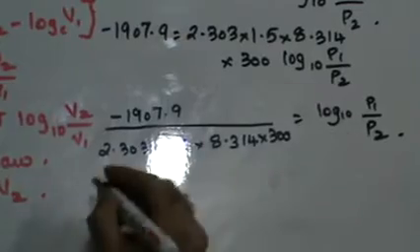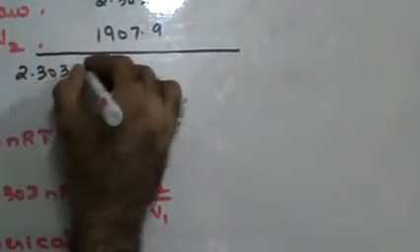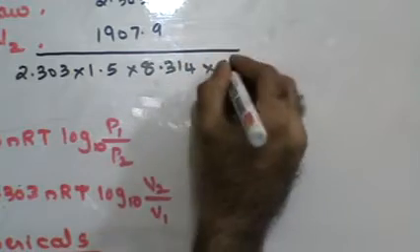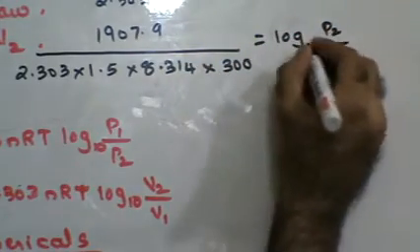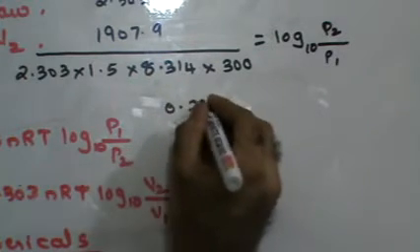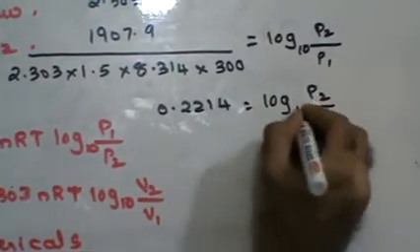If I reciprocate, this will become 1907.9 divided by 2.303 into 1.5 into 8.314 into 300 is equal to log P2 upon P1 to the base 10. Now once I solve that, I should get the answer as 0.2214 is log of P2 by P1 to the base 10.